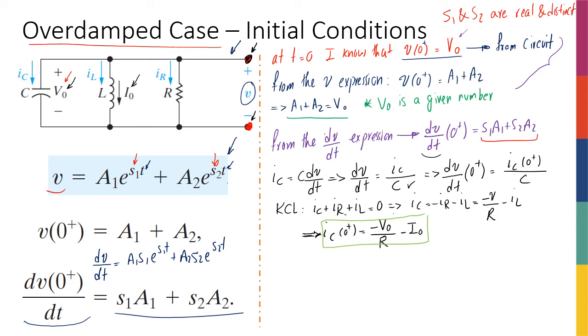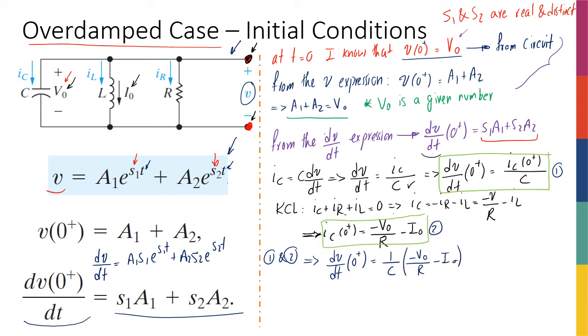Therefore, let's call this 2, and let's call this one 1. So 1 and 2 tell me that dV over dt at 0 plus is equal to 1 over C times minus V0 over R minus I0.